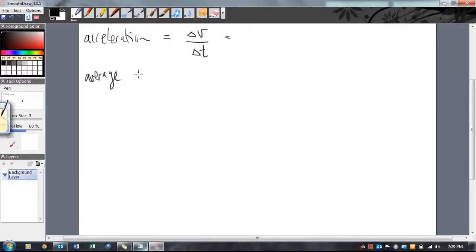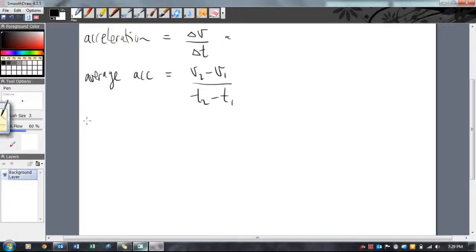So an average acceleration will be equal to some final velocity minus an initial velocity, in other words the change in velocity, over t2 minus t1. Okay, so the change in time.